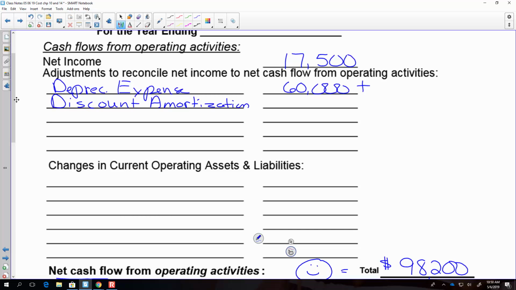How much was that? 1,800. Did you add or subtract that? Add. Very good. Because that increases interest expense, right? It's adding to that number.